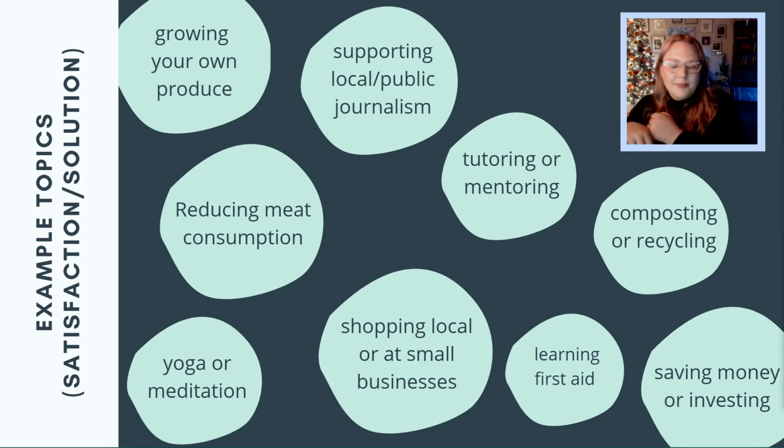So we have a problem that we are running out of fresh water on this planet. Maybe a potential solution is to reduce our meat consumption. So again, there are lots of ways that you can work this forwards or backwards, as long as you end up with those two puzzle pieces linked together so that you end up with a solid topic that starts with a problem or need and ends with a solution.